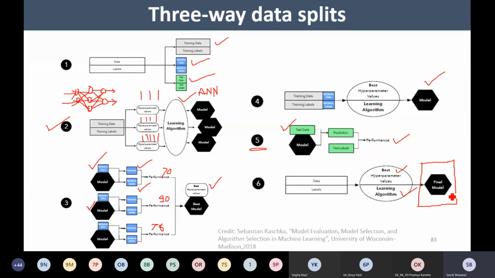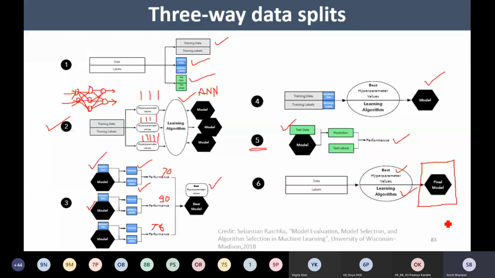Whenever we come up with the final model, we say that we have built the model, we have built the application. Once our model is ready, whatever real world data comes in future, it is possible for us to predict it. So it is ready for real world use now.